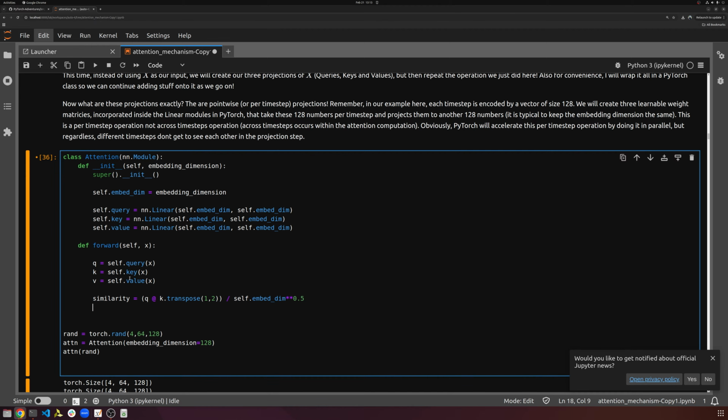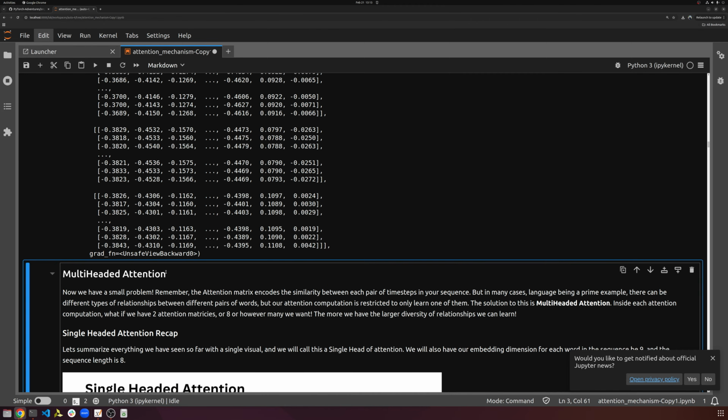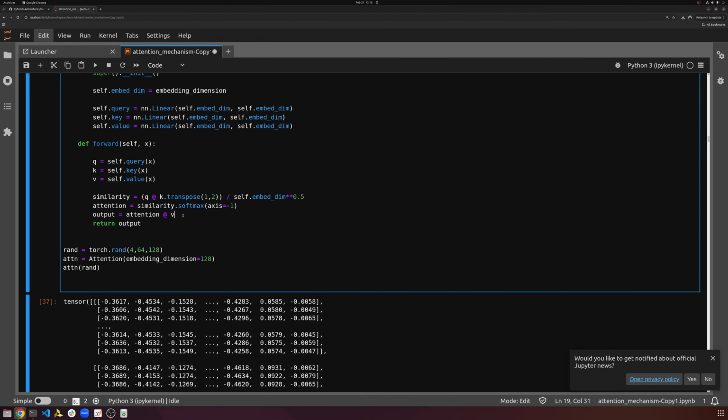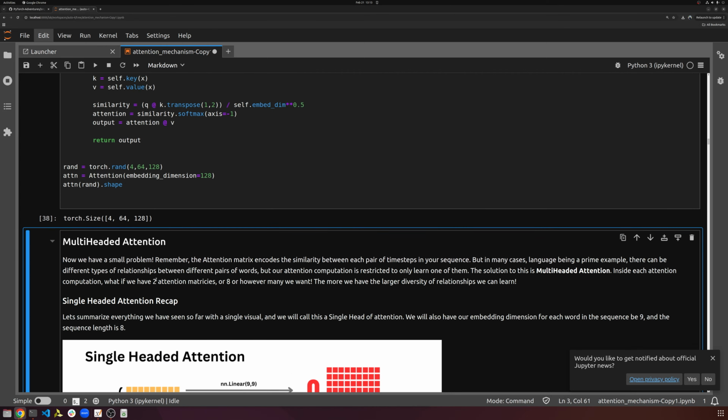And then attention is going to be similarity.softmax, axis is -1 or 2, right, along the last dimension. And then output is going to be attention @ v. Return output. And that gives us an attention mechanism, right? That is our final attention mechanism.